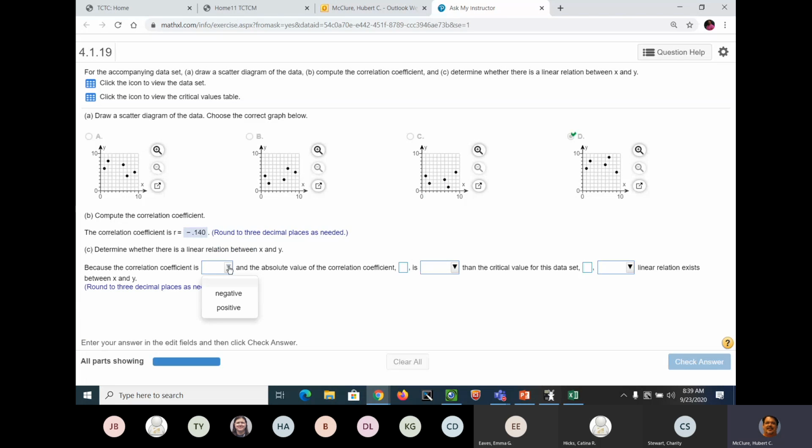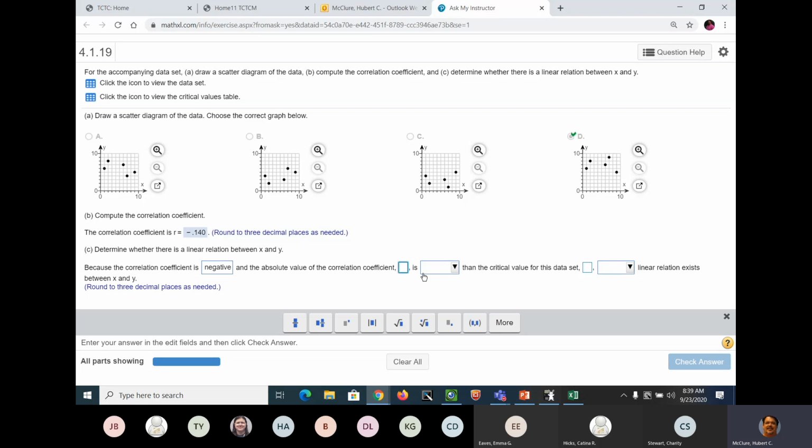The correlation is negative, and the absolute value is 0.140, which is less than the critical value of 0.878. There is a negative correlation.